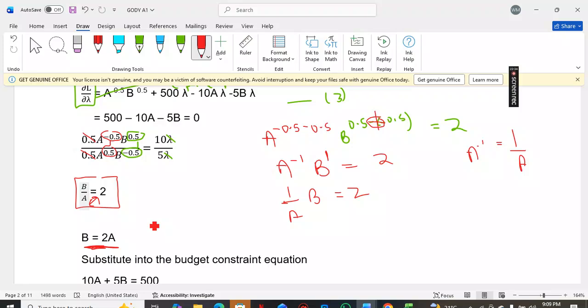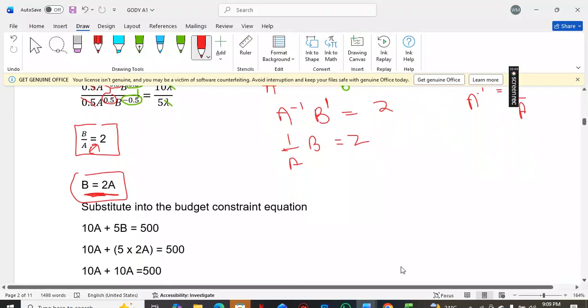Once you've done all the derivations and simplified everything and you get this expression, you substitute it back into the budget constraint equation. Colleagues, remember 10a plus 5b equals 500.